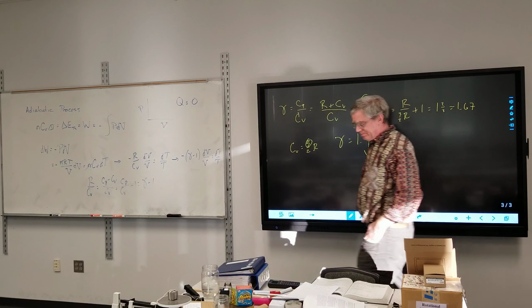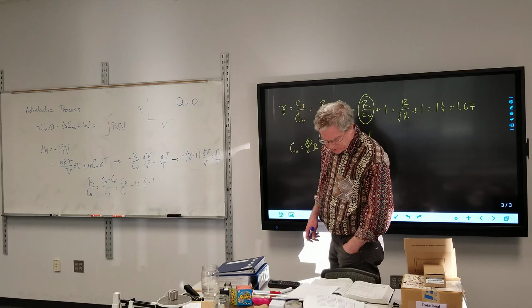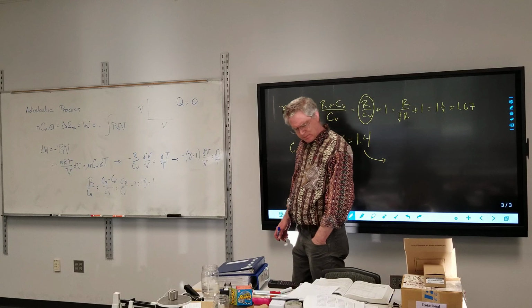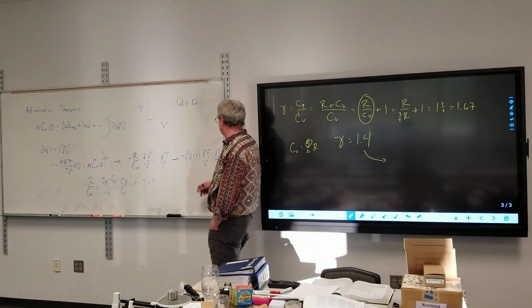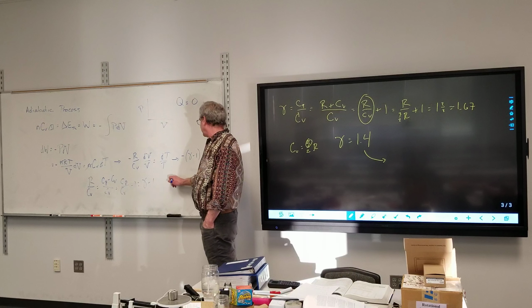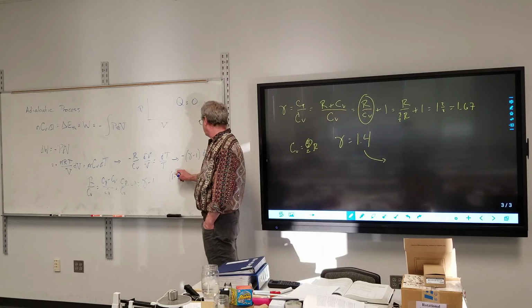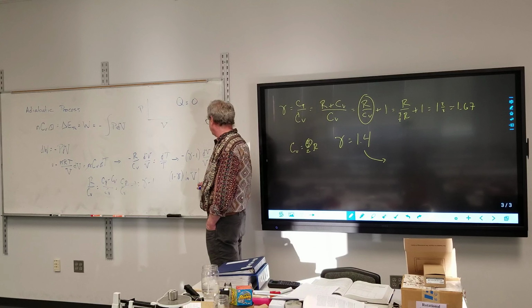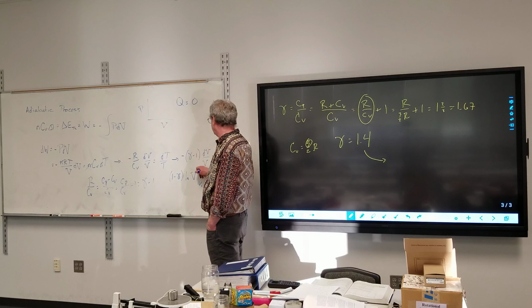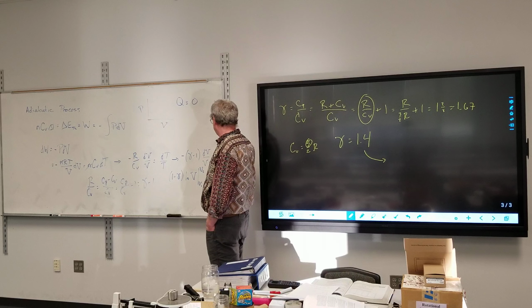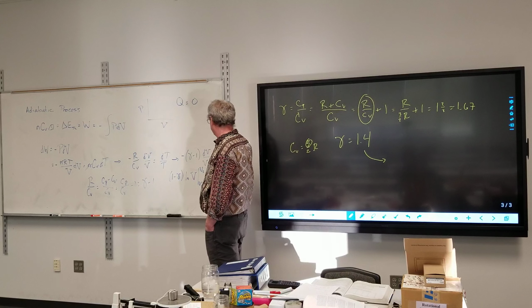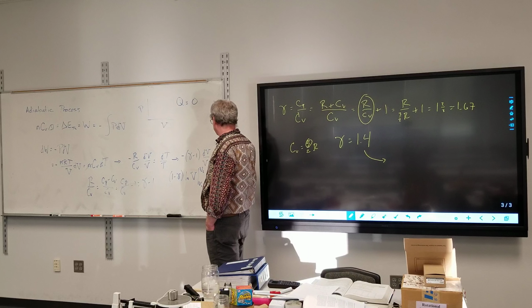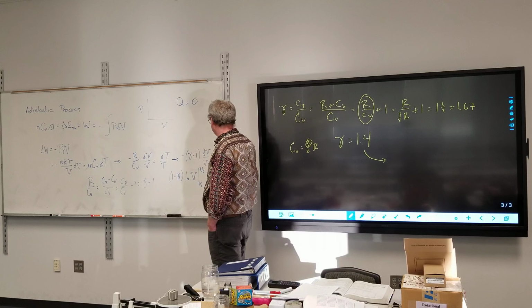Let's do some integration. Do the integration, we get negative, actually, let's go ahead and flip that around. 1 minus gamma times the natural log of V from some initial volume to some final volume is equal to the natural log of the temperature from some initial temperature to some final temperature.